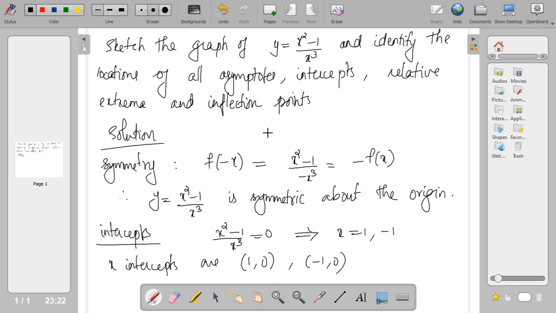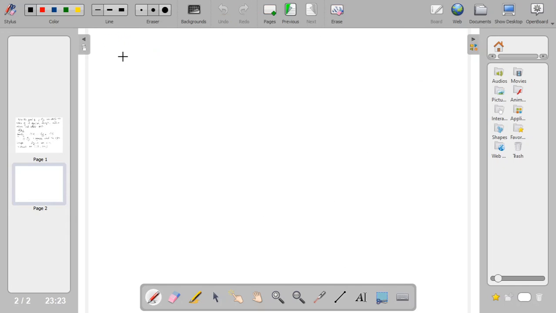There are no y intercepts, because when we take x equal to 0 we are not getting any value for y, it's not defined. So in this case there is no y intercept.